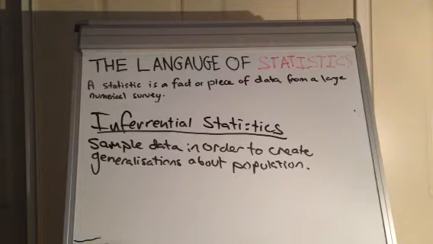But if they returned cornflakes as the most popular result from the survey, the sample they took, maybe they could extrapolate and say that cornflakes would be the most popular cereal within Australia, or whatever their population was. So it's taking that sample data and making generalisations to some extent about the population.